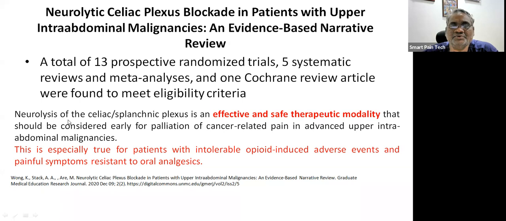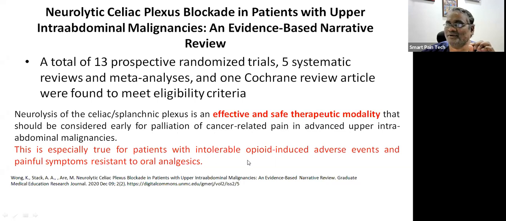And if you see this, neurolysis of the celiac or splanchnic plexus is an effective and safe therapeutic modality. Okay, they are saying it is effective and it is safe. That should be considered early for palliation of cancer-related pain in advanced upper intra-abdominal malignancies. Now, you see this statement: this is especially true for patients with intolerable opioid-induced adverse effects.